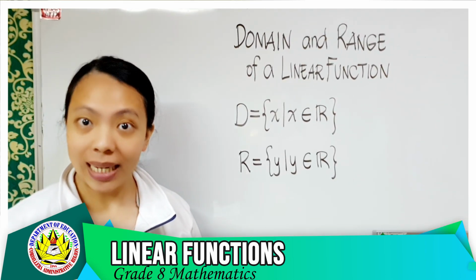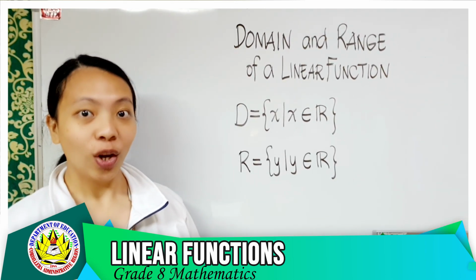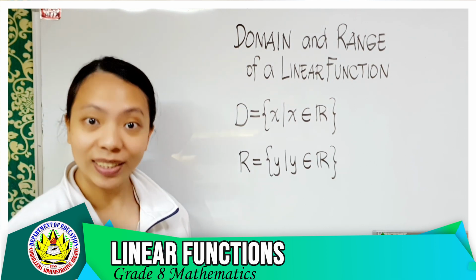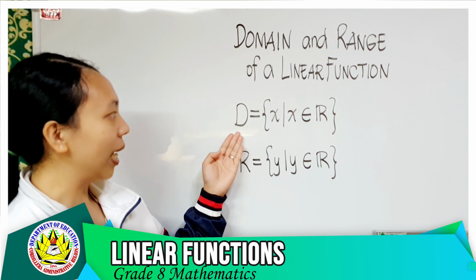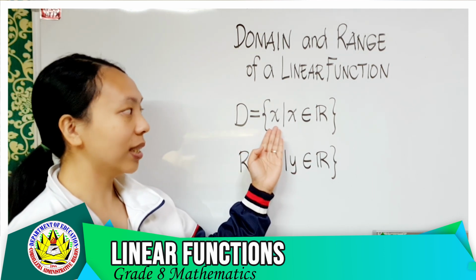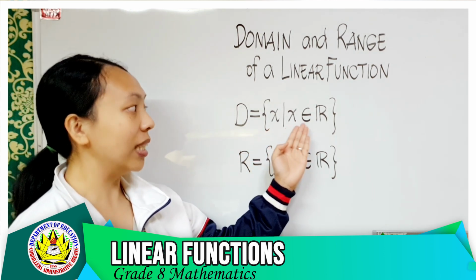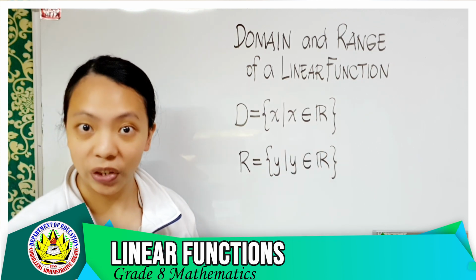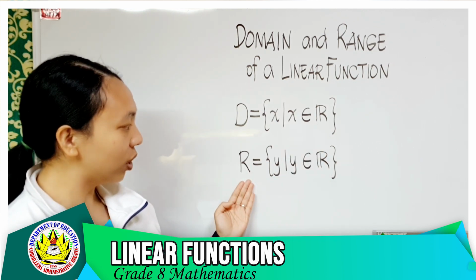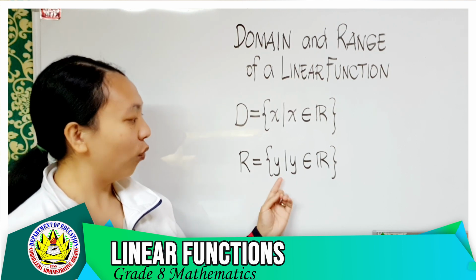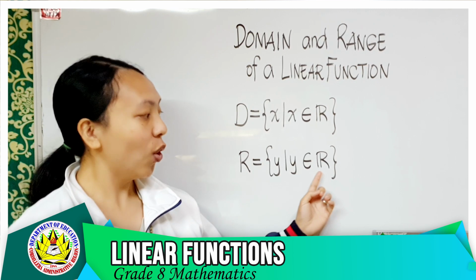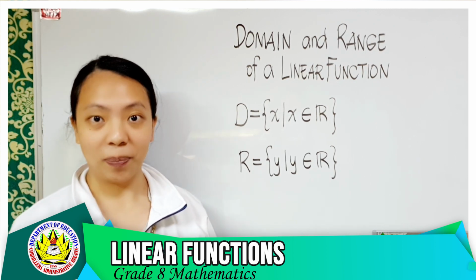The domain and the range of a linear function are real numbers. In symbols, the domain is the set of all x such that x is an element of the real number system. On the other hand, the range is the set of all y such that y is an element of the real number system.